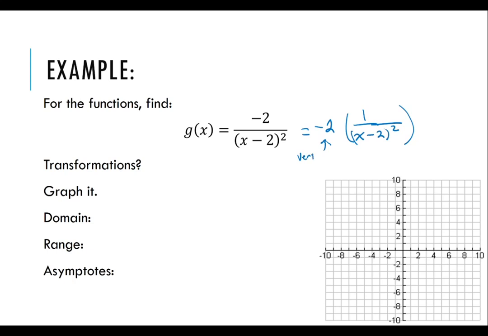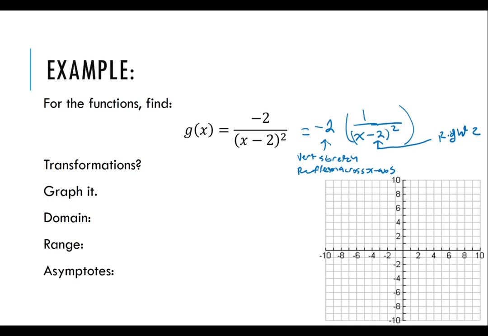Specifically, it's going to be a vertical stretch and reflection across the x-axis. Then notice this is inside the function, so that's going to be a horizontal shift, specifically opposite, so this thing goes right 2. Right 2.